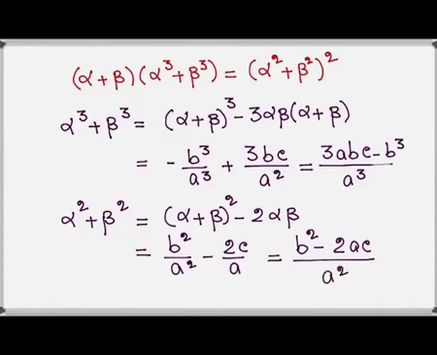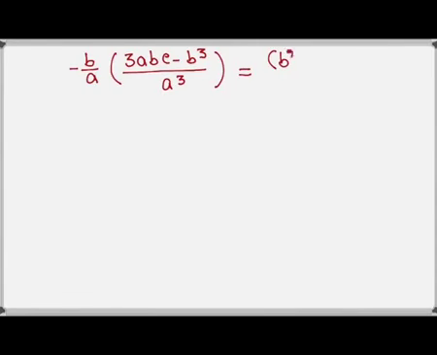Let us now substitute all these values in this equation. After substituting we get minus b by a into 3abc minus b cube divided by a cube is equal to b square minus 2ac whole square divided by a to the power 4.